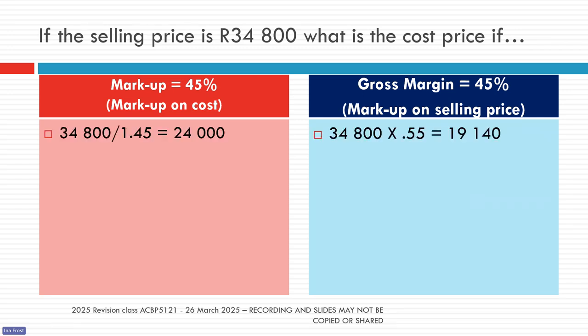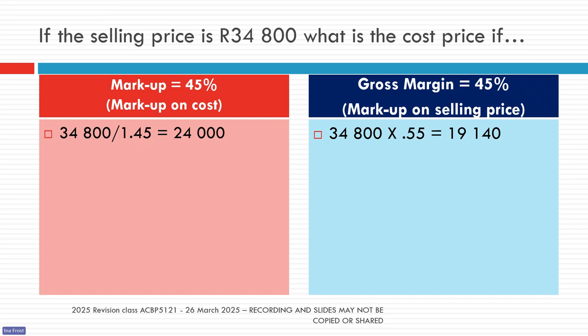Our selling price is 34,800. What will now be the cost price? If I use the markup of 45% on cost, then the cost price of the item is 24,000. If I use a 45% gross margin, the cost price of the item changes and is now 19,140.